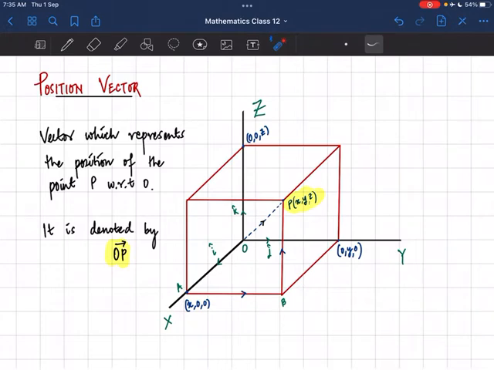A vector has a magnitude as well as direction, and it satisfies that. So we have an OP vector. This is how we denote OP vector, as O is the initial point, P is the terminal point.